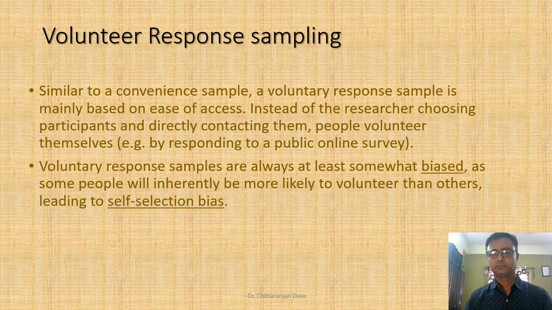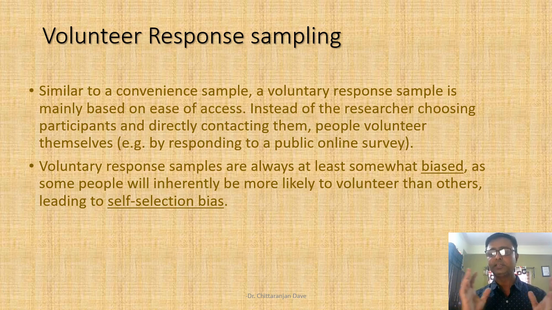Another kind is volunteer response sampling. We all know there are emails with requests for survey forms, Survey Monkey, Google Forms and all these things. Here the researcher does not have any hold.